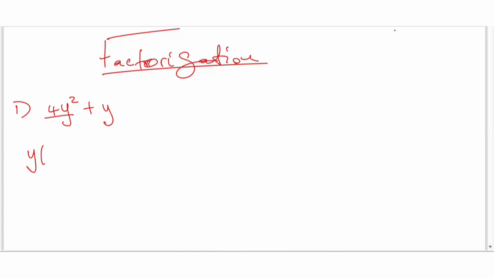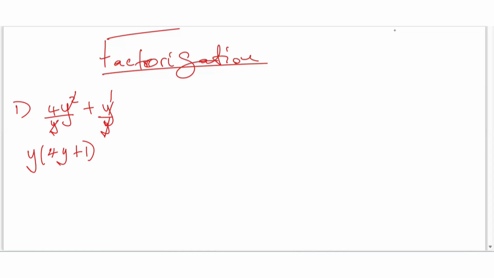Then we're going to divide throughout by that greatest common factor. So think about this, y into 4y squared, the y's will cancel, you're left with 4y, and anything that divides by itself gives 1, and this is plus 1.